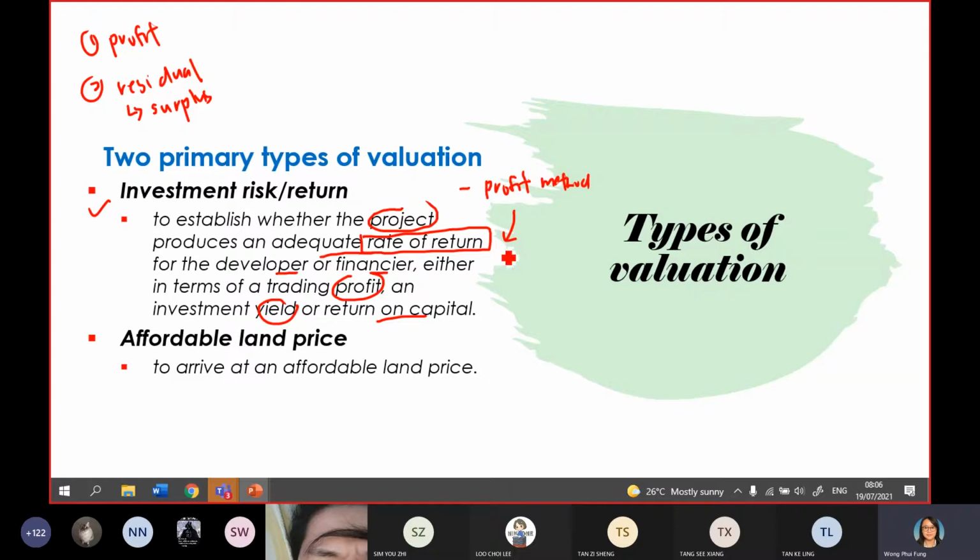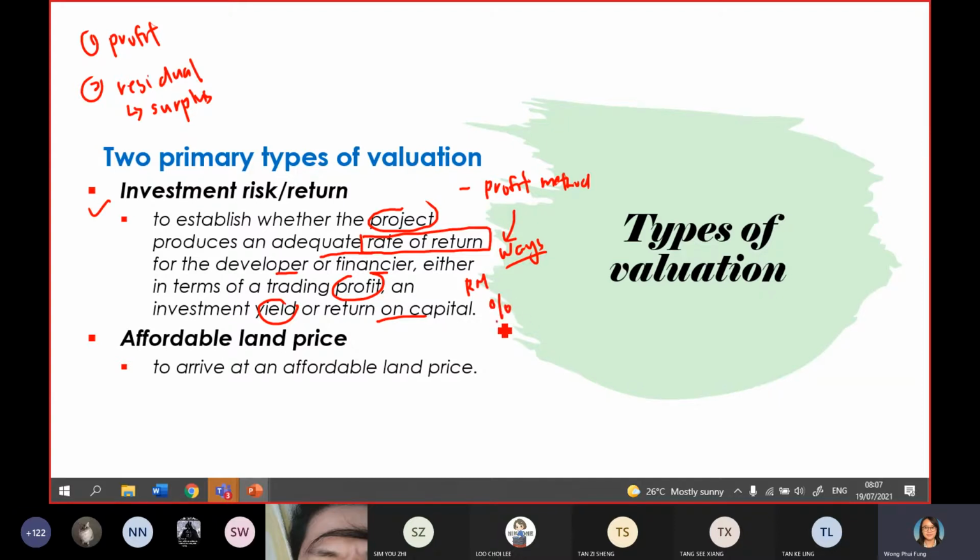There are a few methods to express the return at the end. It can be in terms of RM, it can be in terms of percentage.